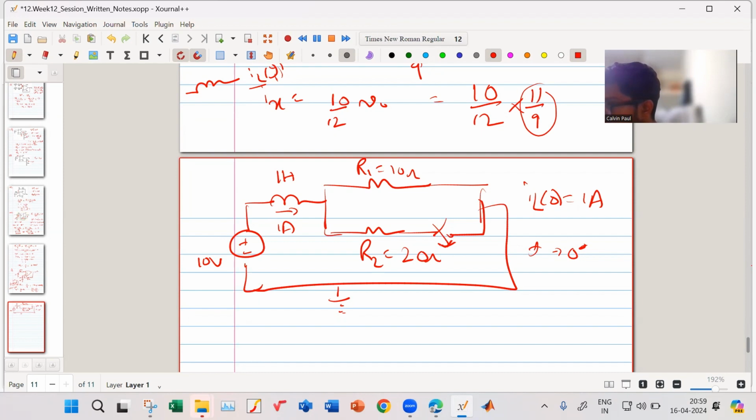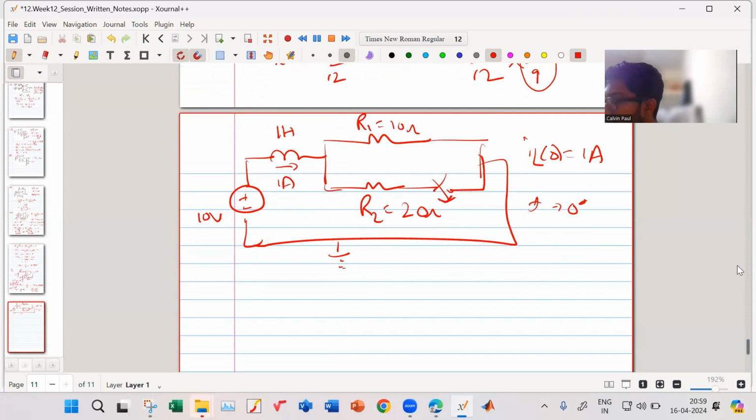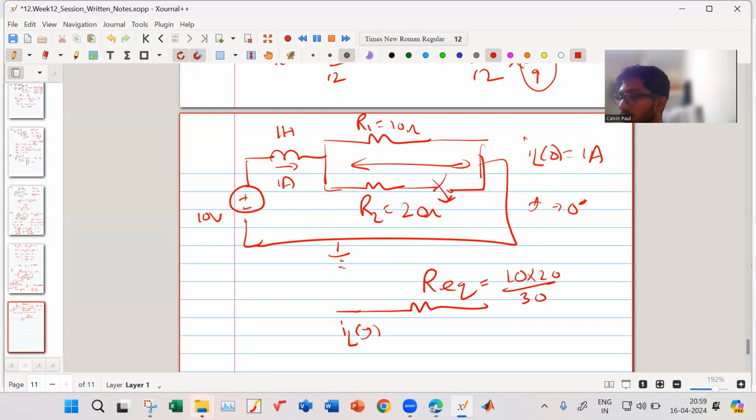The voltage across this branch, both R1 and R2 in parallel, will be the same. If the voltage across these two branches is the same, it comes effectively as IL of t into R equivalent, which is 10 into 20 divided by 30, so 20/3.